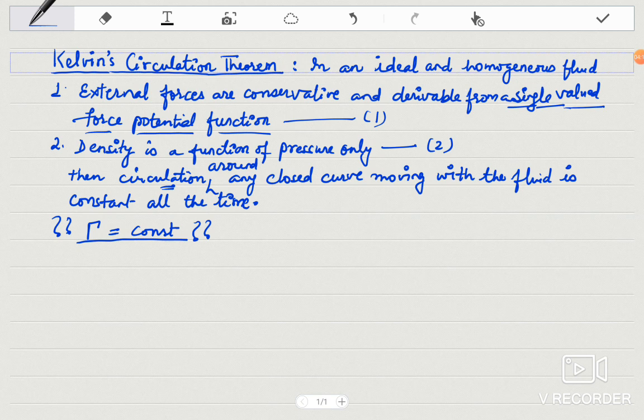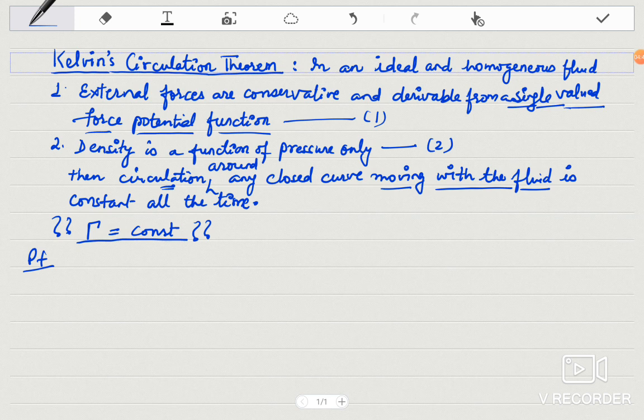Now, how will we proceed? Here we are mentioning one thing, that moving with the fluid. It simply means that whatever flow region is considered bounded by the closed curve will remain the same. It will consist of the same fluid elements as it moves in the flow region. So this is the meaning of moving with the fluid.